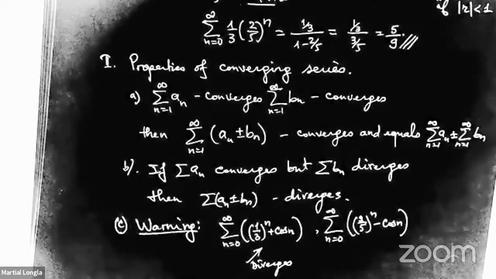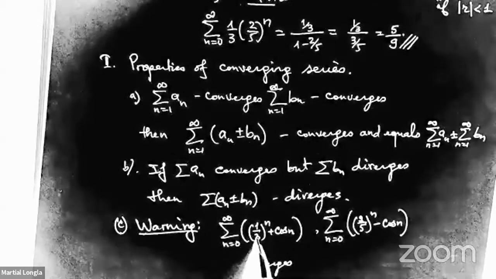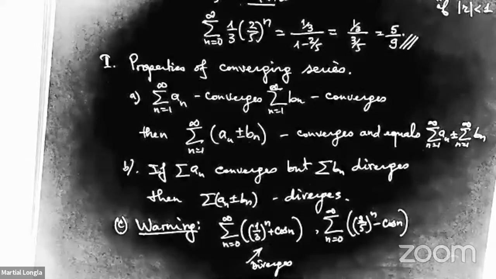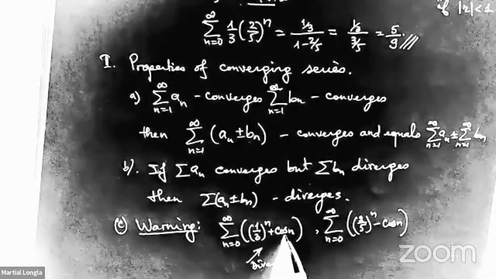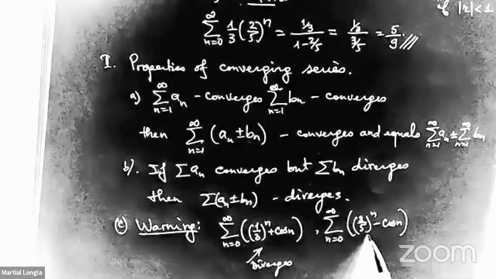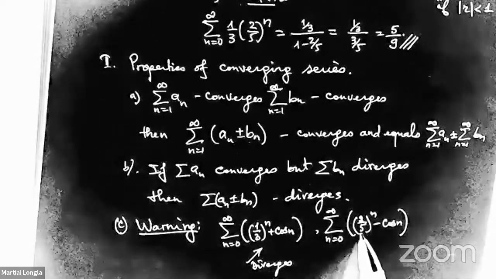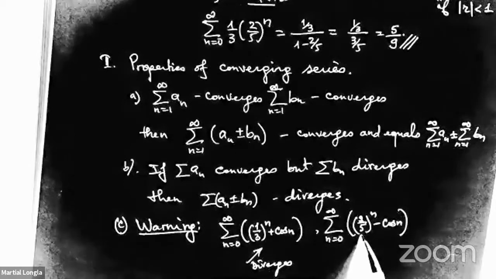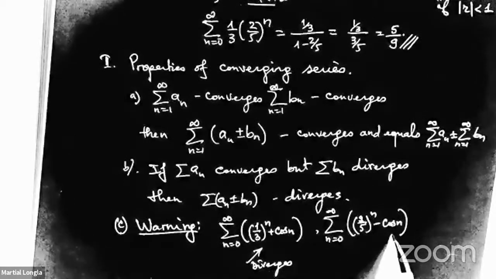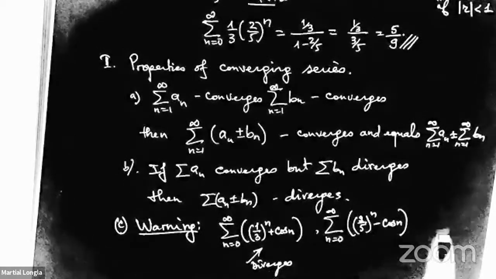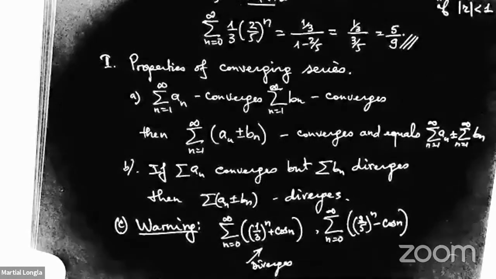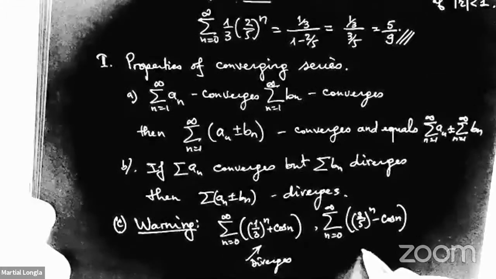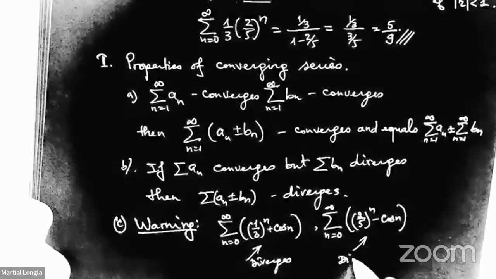Why does it diverge? Because the sum of (1/3) to the power n converges and the sum of cosines diverges. Same reason here, this diverges because the sum of (2/5) to the power n converges and the sum of cosines diverges. So both of them diverge. But when I add the two of them, so this diverges.